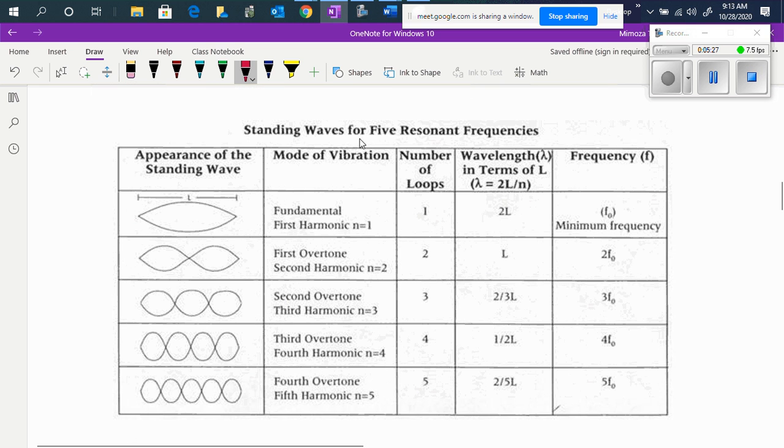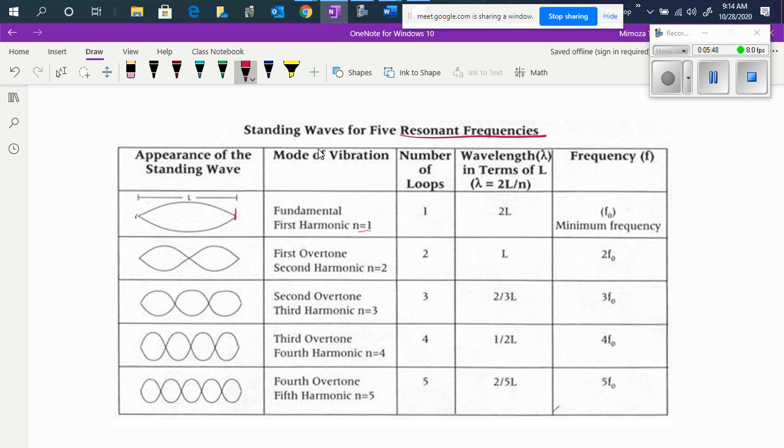The standing wave's first 5 resonance frequencies are those ones here that you have to remember. When we have the first harmonic, or n equals 1, we see one loop.